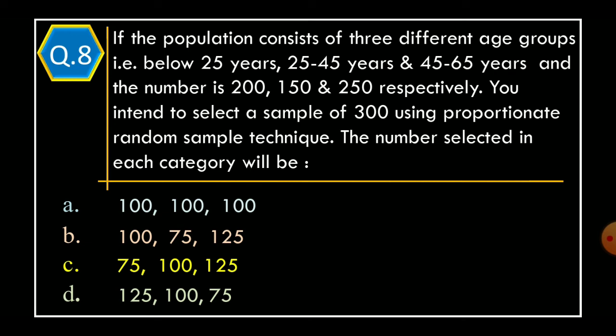The number selected in each category will be option A, 100, 100, 100. Option B, 100, 75, 125. Option C, 75, 100, 125. Option D, 125, 100, 75. And correct option is option B, 100, 75, 125.